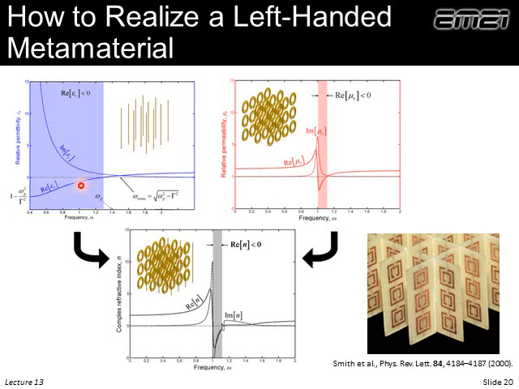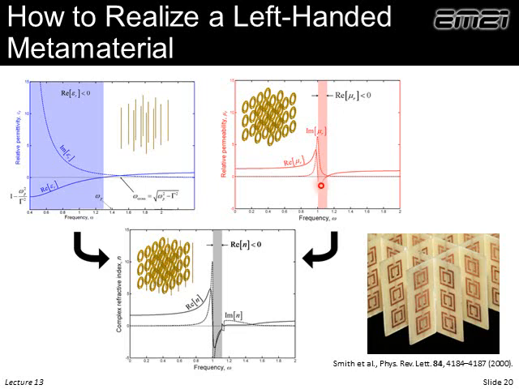What wasn't known for a long time was how to get a negative permeability, and this is really what Sir John Pendry figured out and gave the world in terms of the split ring resonator array. This has a very strong magnetic resonance, and it gives us certainly a region where the permeability is negative.